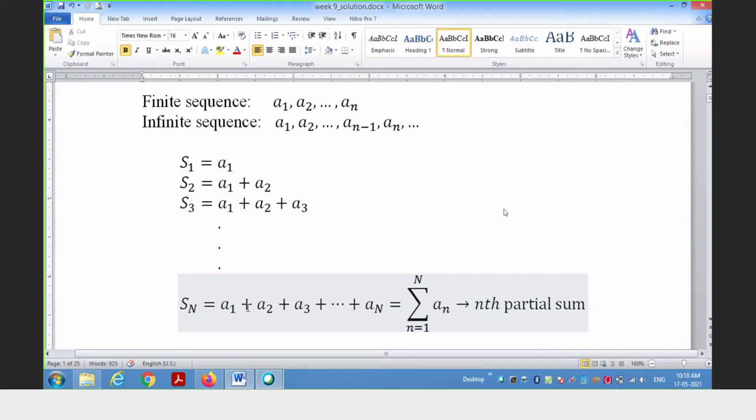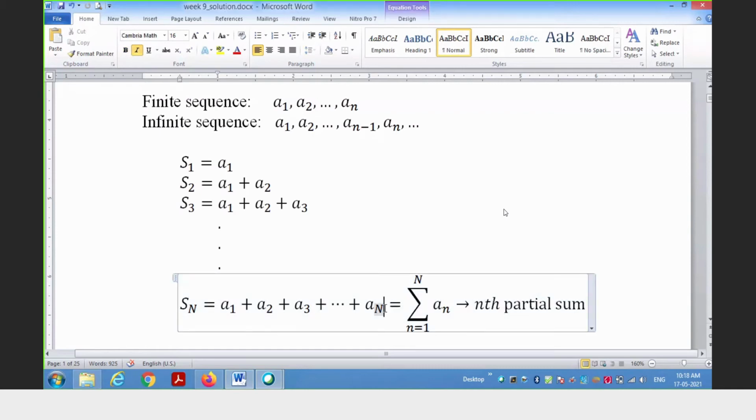We can represent this sum as the summation of Ak from k equals 1 up to n. This is called the n-th partial sum.